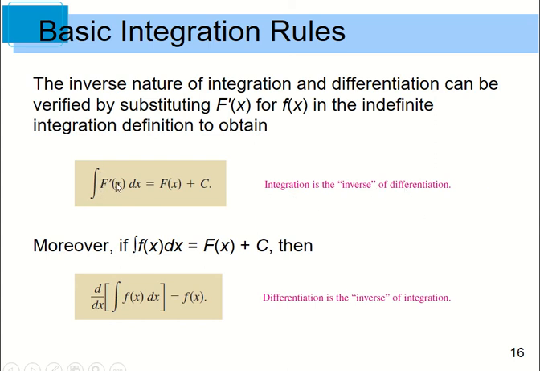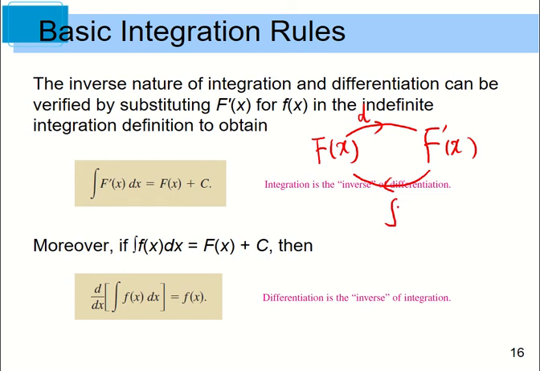So when we have a differentiation followed by the integration, let's say we have function f, after differentiation we get f prime. Therefore, f prime, after integration, we will get back function f.